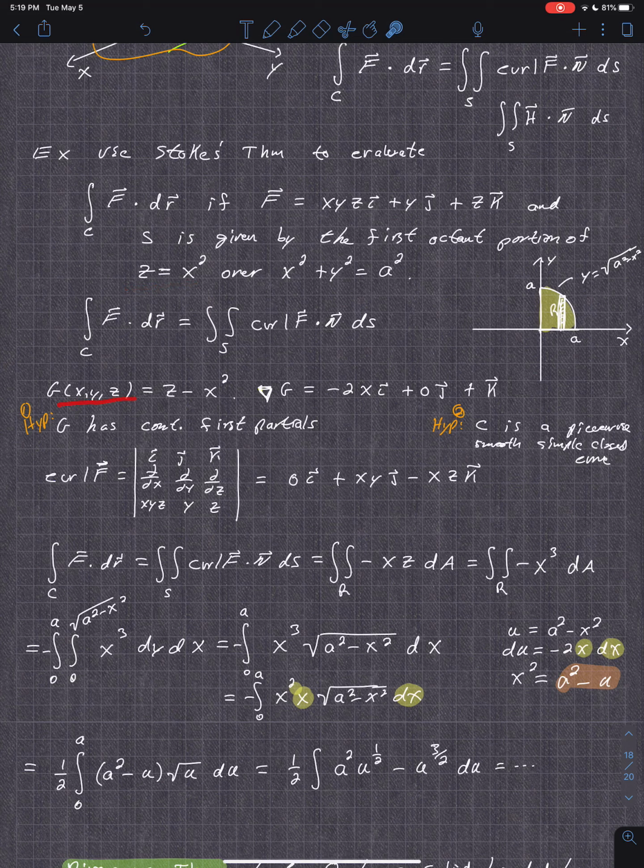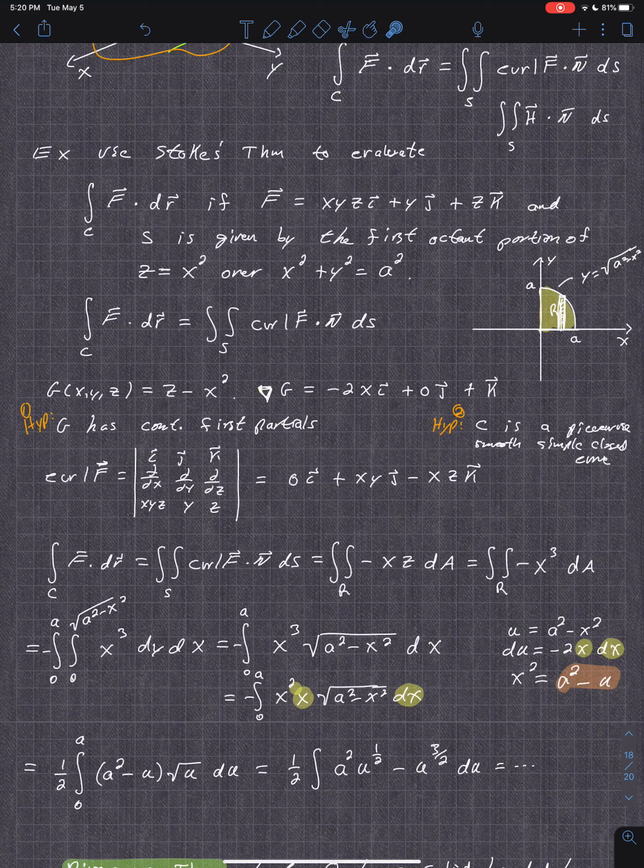So G of x, y, z, you just set this equal to 0. Then you do the gradient, okay, and you get this. All right, so these are the two hypotheses we have to have. G has continuous first partials, and C is a piecewise smooth, simple closed curve. So you would have to state those hypotheses to confirm that.